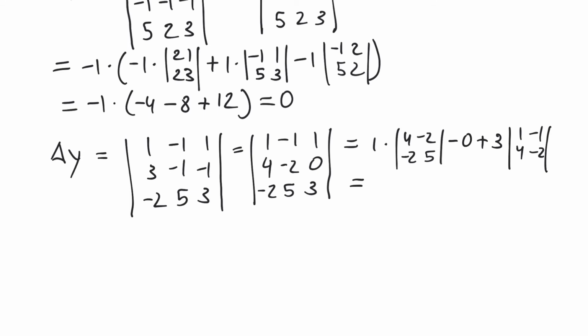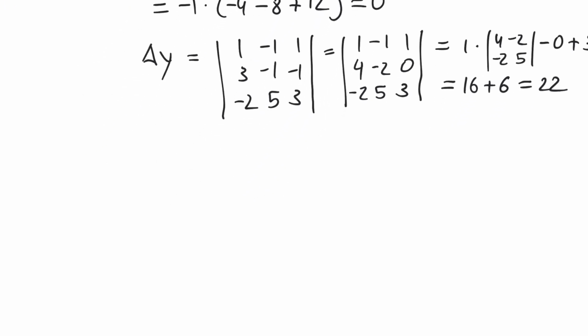Now let's calculate that. We have 20 minus 4, so that's 16, plus -2 plus 4, so that's 2 times 3 is 6. And that equals 22.